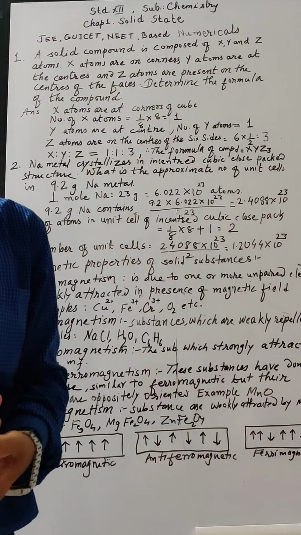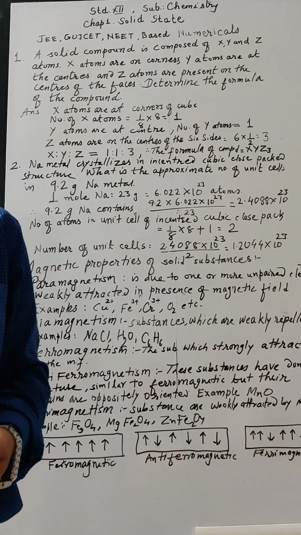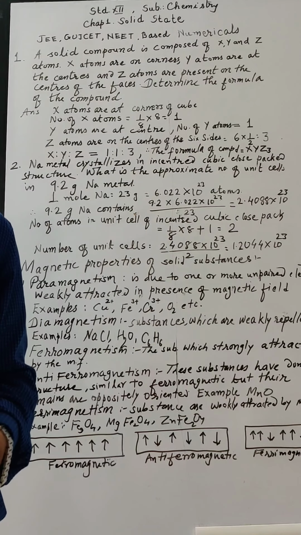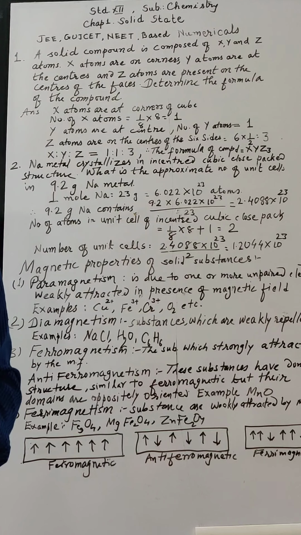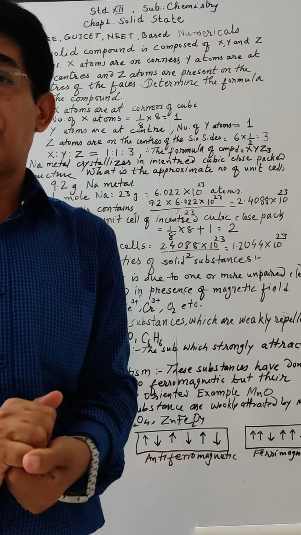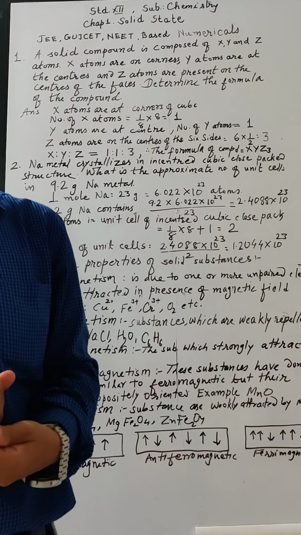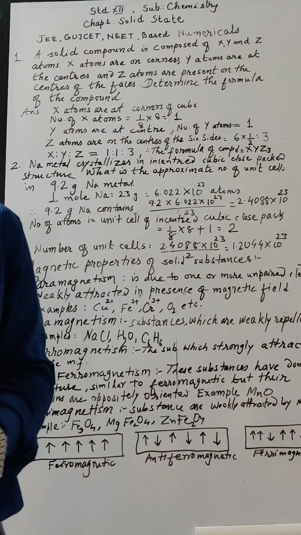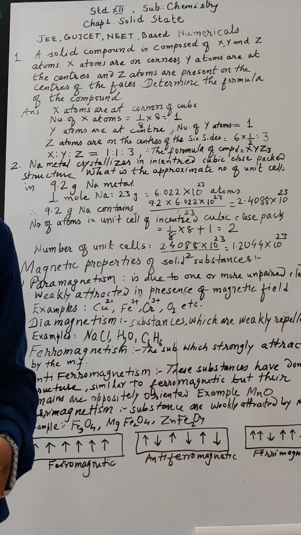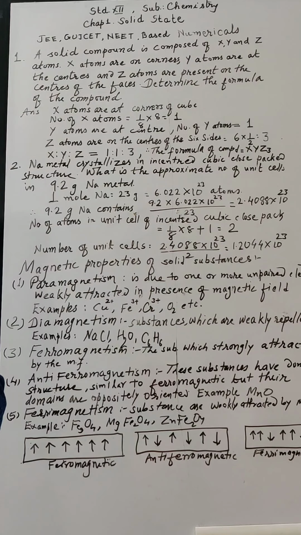These substances lose the ferrimagnetism on heating. Examples of ferrimagnetic substances are Fe3O4, MgFe2O4 and ZnFe2O4.